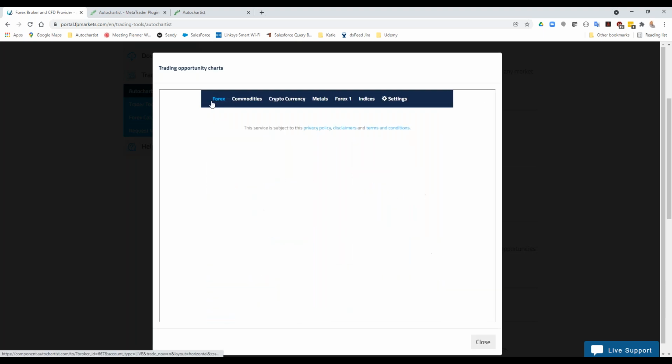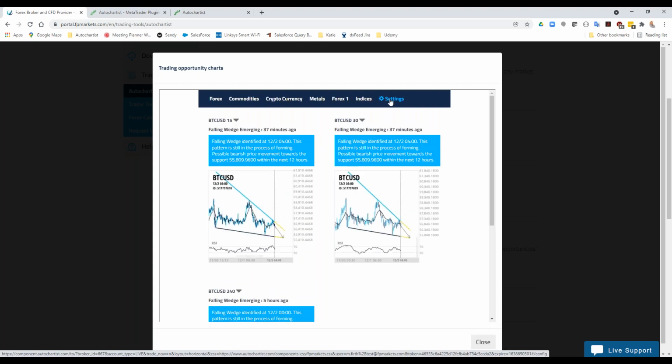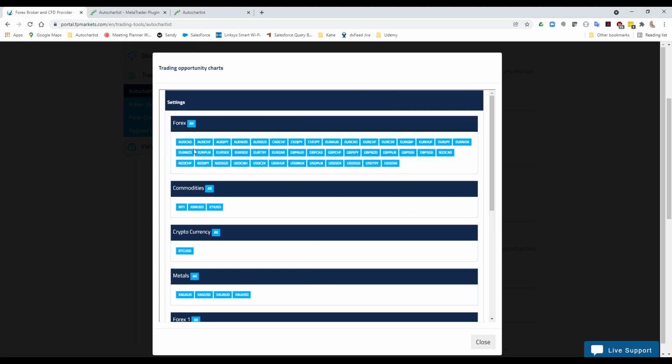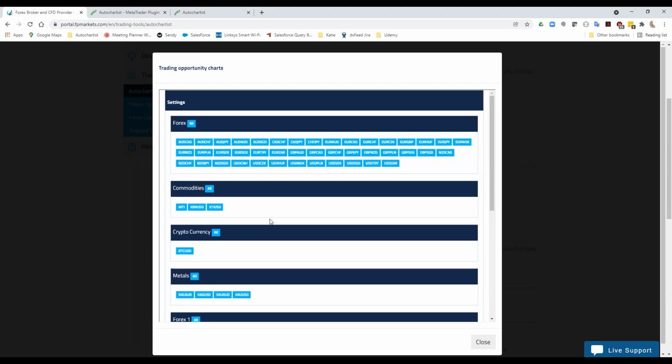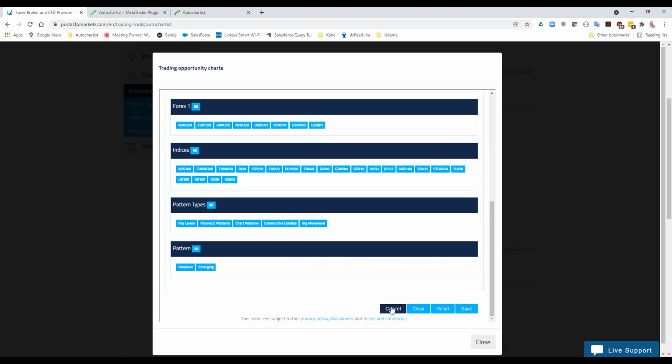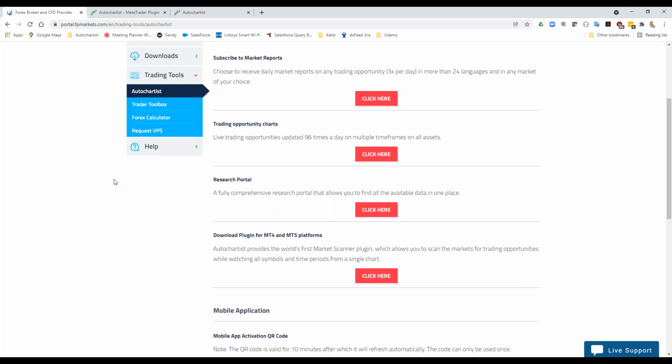So you can look at what's going on in the Forex market, in the commodities markets, cryptos, metals, etc., and you can also filter for different instruments and different trade setups, very similar to what I showed you in the MetaTrader plugin, but this is obviously in a website. Okay, so again, just something interesting for you to look at.